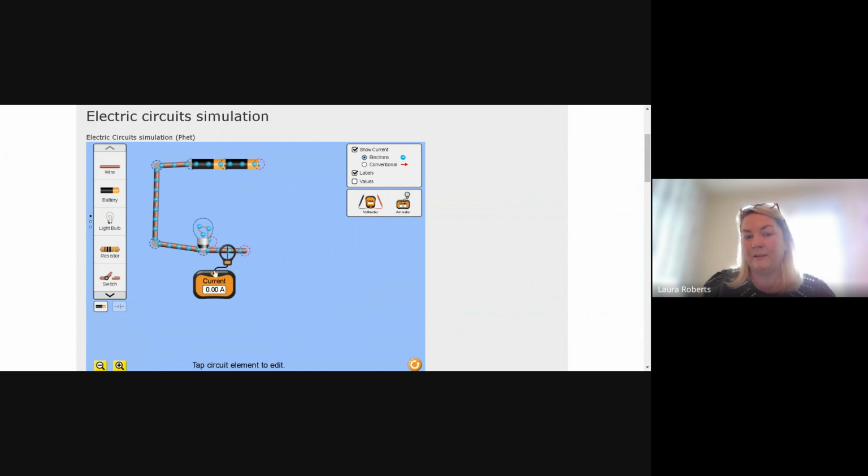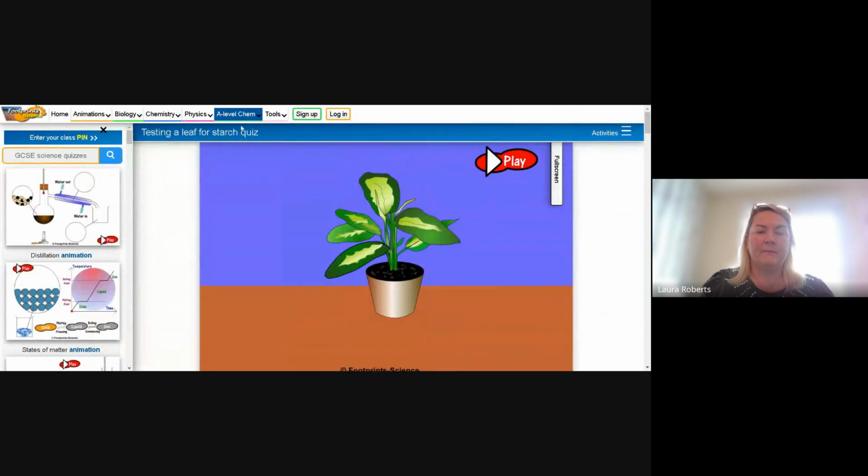We've got the ammeter to look at the current. So it's pretty much the same content and syllabus that students would be learning in a school. As we move through here, other resources that we can use is Footprint Science.